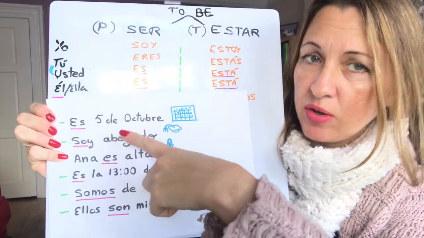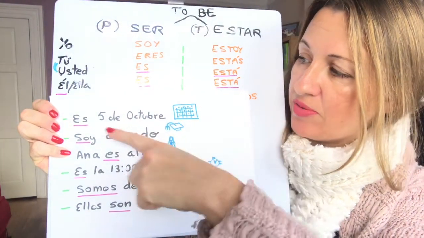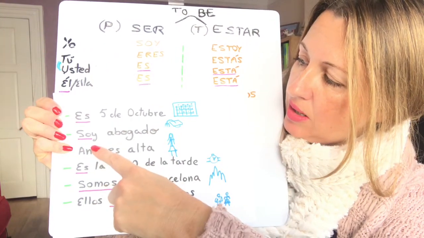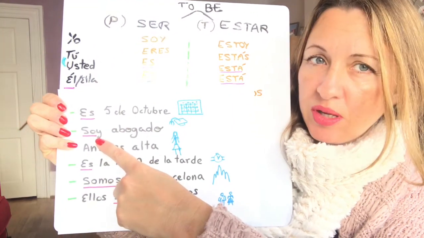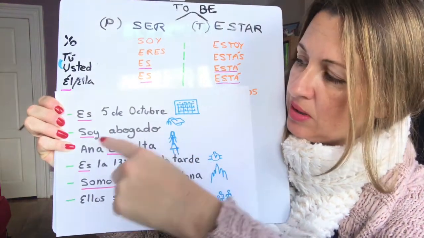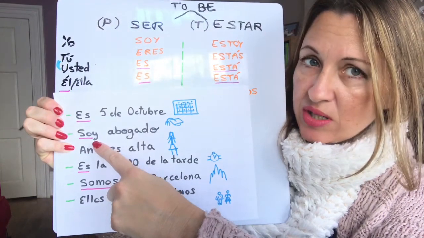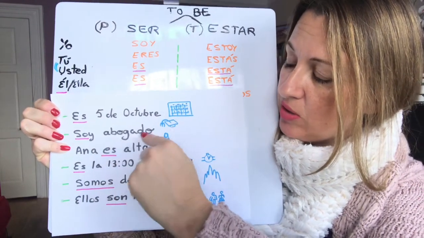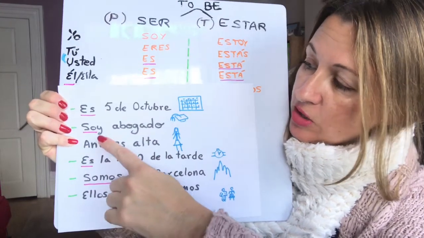Es 5 de octubre, it's 5th of October, that's the date example. That would be for the occupation. I am a lawyer, so that's something that doesn't change as easily. That's what we use ser for this. I am a lawyer. Soy abogado.